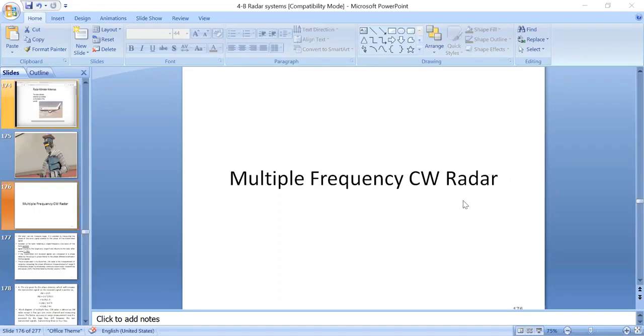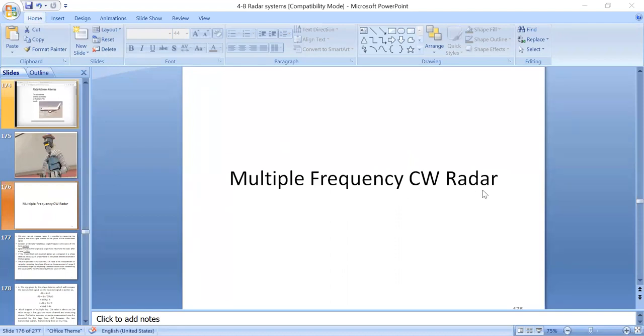It doesn't give any range information, right? There is a possibility of measuring range using continuous wave Doppler radar, and that possibility is accomplished by using the multiple frequency continuous wave radar, right?